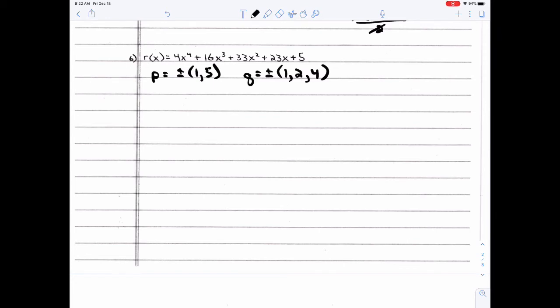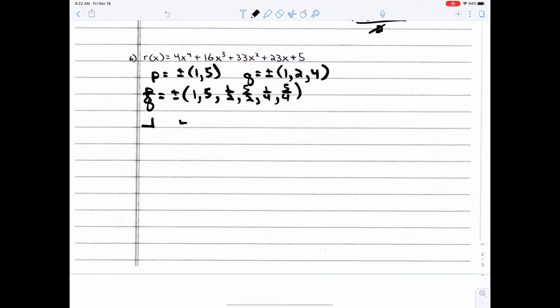Okay, so let's make a P over Q list. So we get plus and minus 1 and 5, 1/2 and 5/2, and 1/4 and 5/4. So there are, what, 12 numbers here. All right, let's go to it.